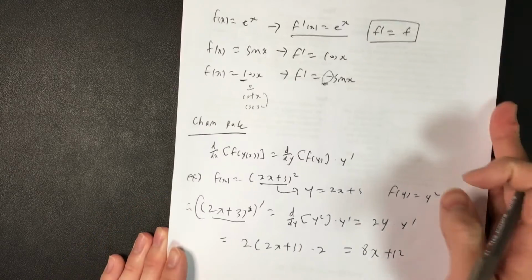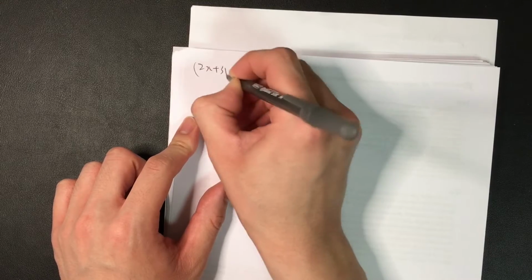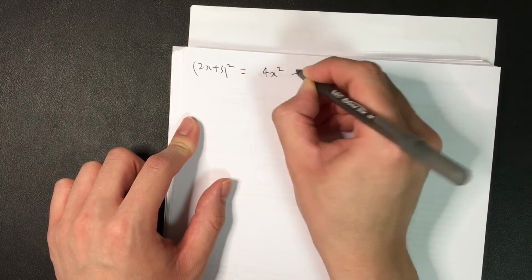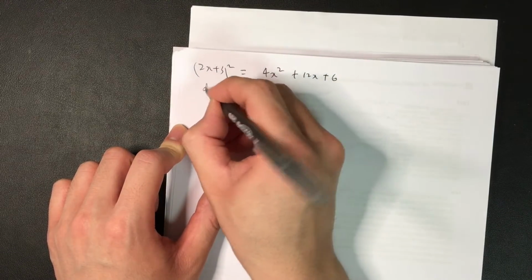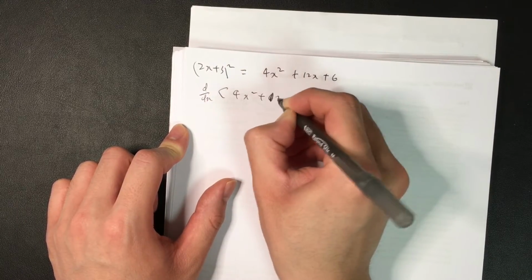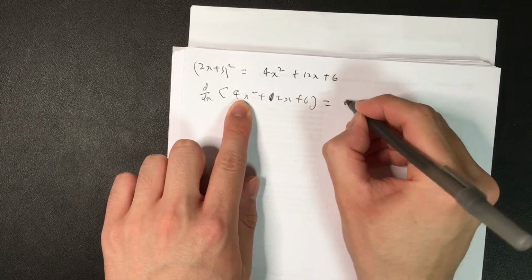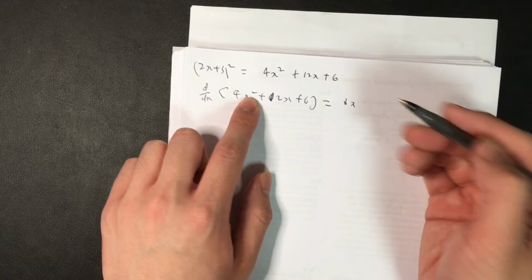Now let's actually verify this result. So (2x + 3) squared, if I expand this, becomes 4x squared + 12x + 9. And therefore, if I take the derivative of 4x squared + 12x + 9, then this term becomes 8x because the 2 is dropped off and the exponent is subtracted by 1.